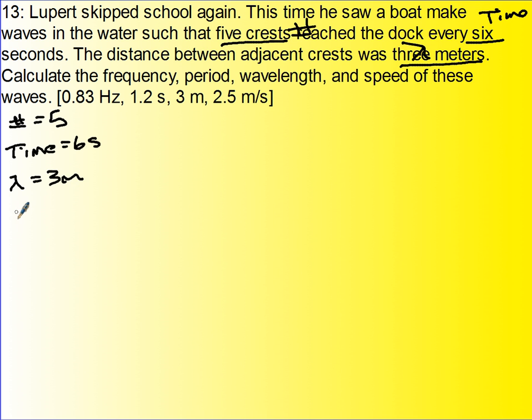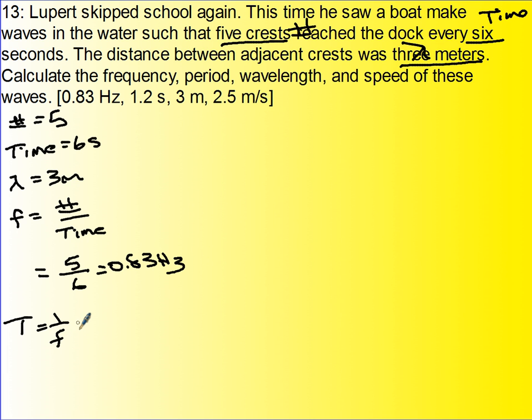So let's find the frequency. Frequency is the total number of crests divided by the time. So it's a number of crests, which is 5 divided by 6. Now 5 divided by 6 is 0.83 hertz. All right, period is 1 over frequency.